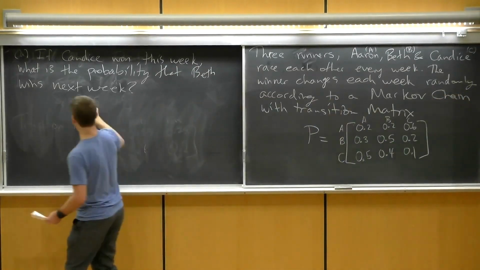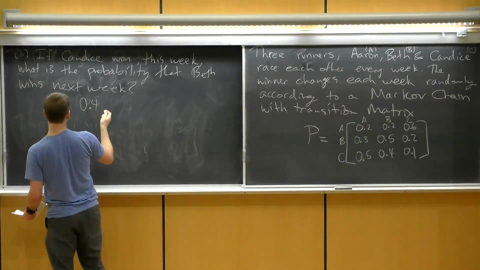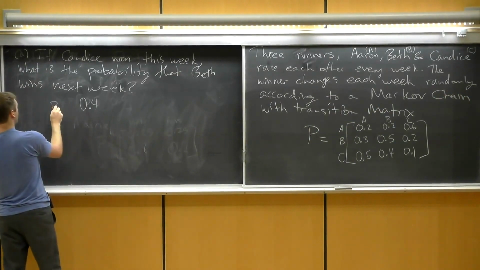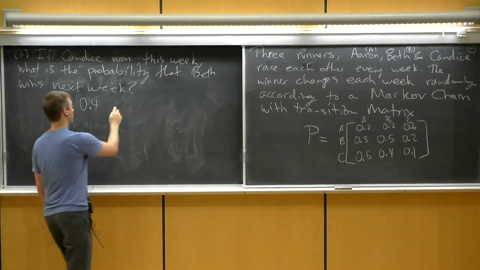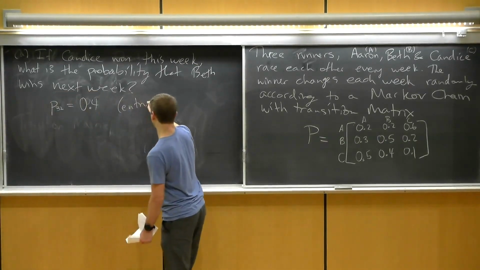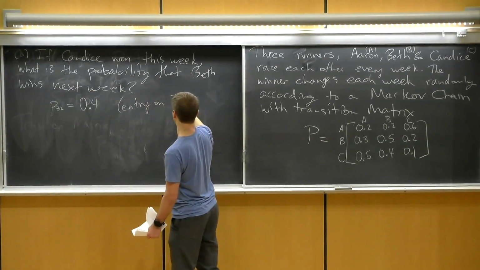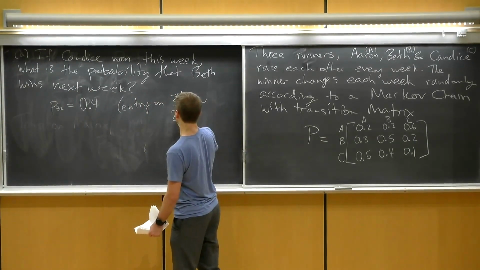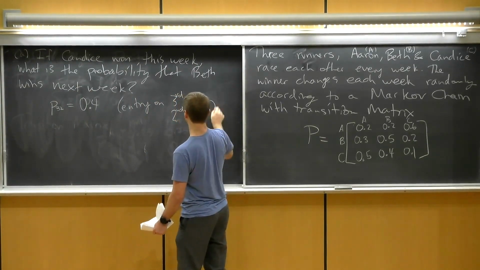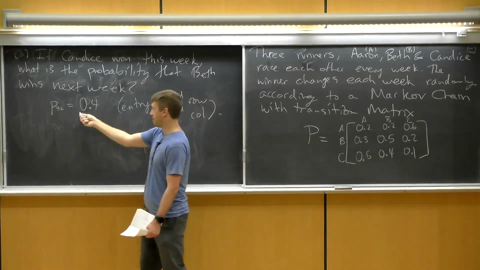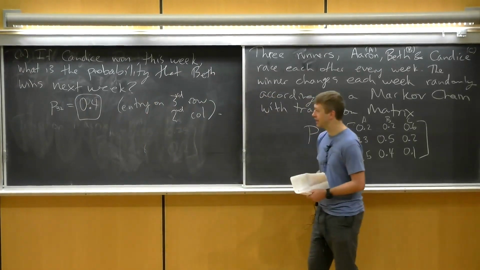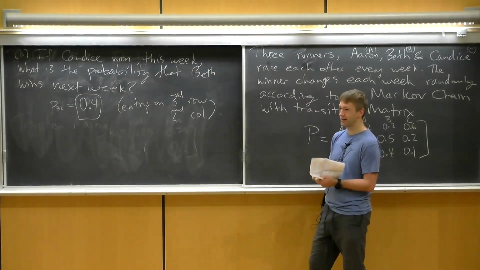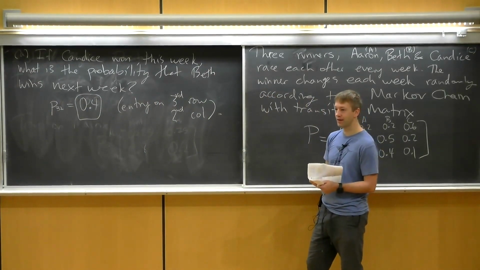So 0.4, because it's P3,2, meaning the entry on the third row, second column. If you just wrote 0.4, that's the answer.